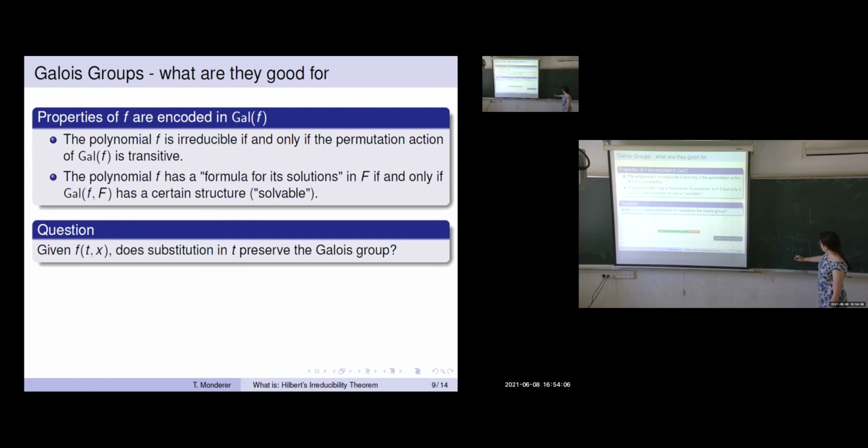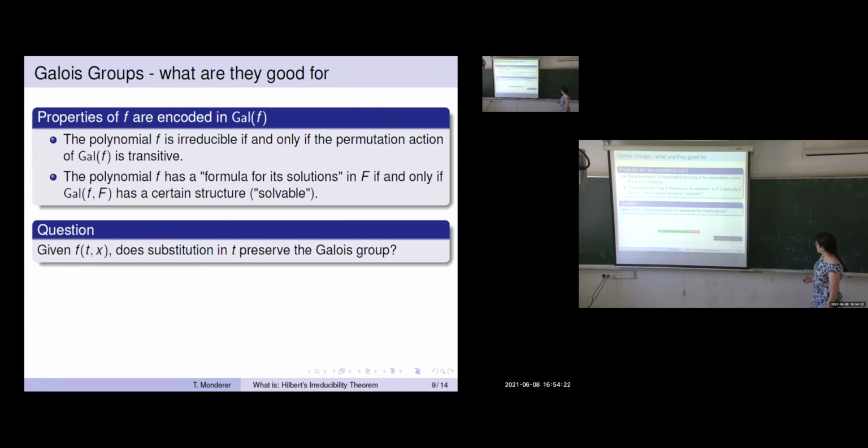And given a polynomial in one variable, we attach what's called its Galois group over the field Q. So the Galois group of a polynomial over Q.